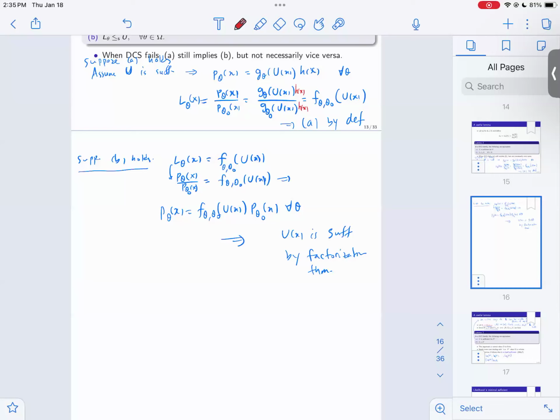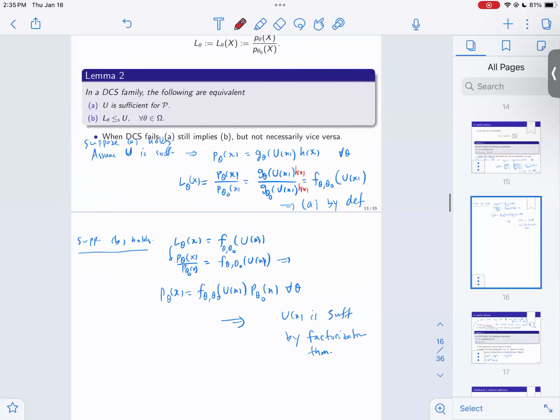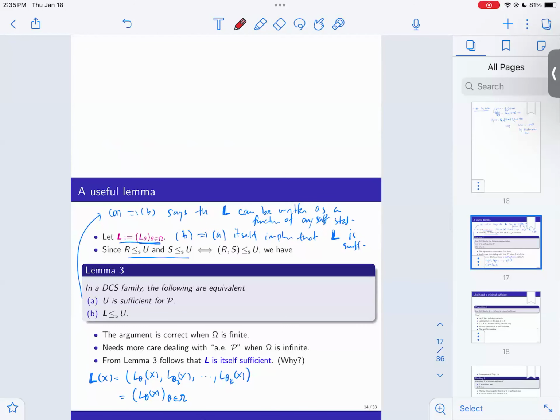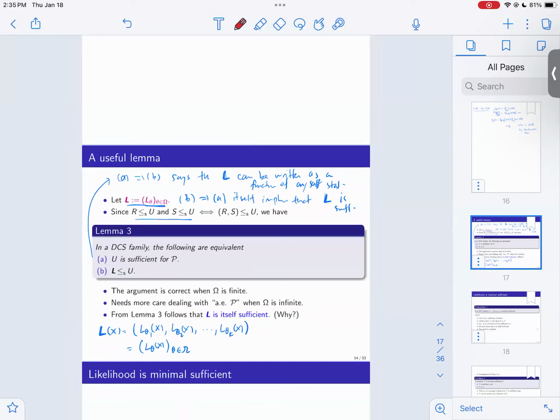Any other questions? Yes. Because B implies A, it's easier to see it here. In this case, it's not a function itself, so it is sufficient. Once you understand this, you also see that we have proven minimal sufficiency.